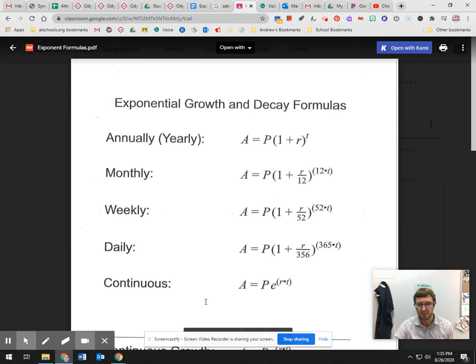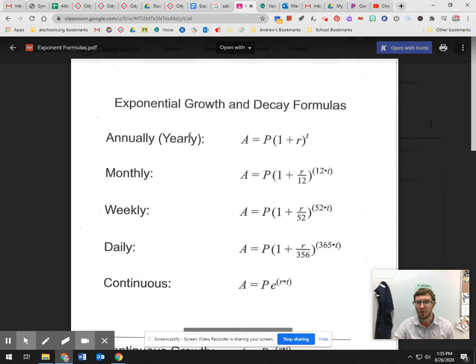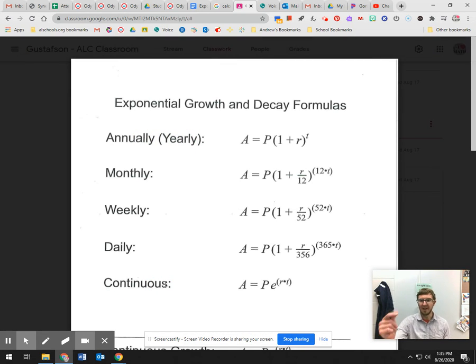All these 5 formulas are all about interest rates and percent interest and compound interest. And you have to look for, in the problem, is it compounded monthly, weekly, daily, every year, annually, continuously? Continuously would be like every second, every nanosecond, every half a nano, continuous interest.